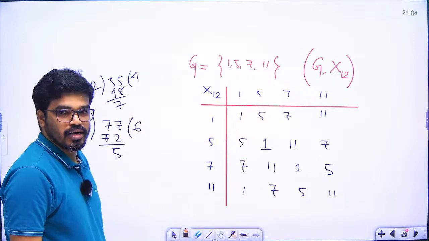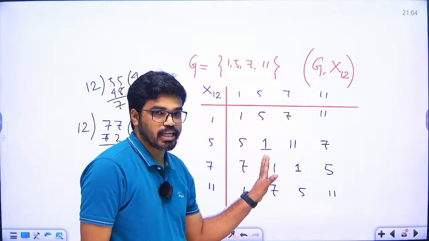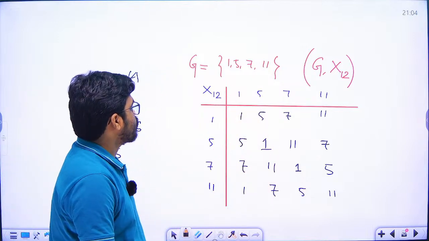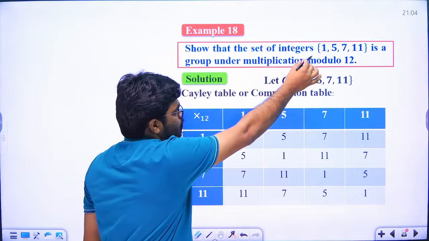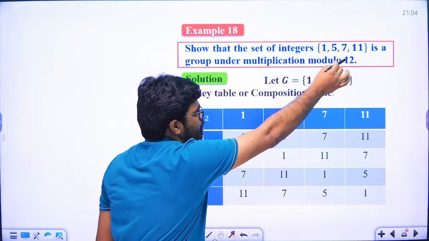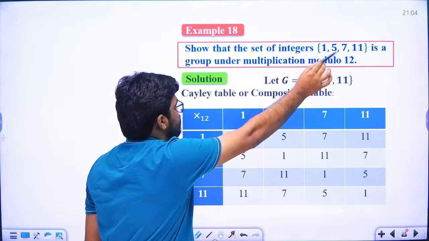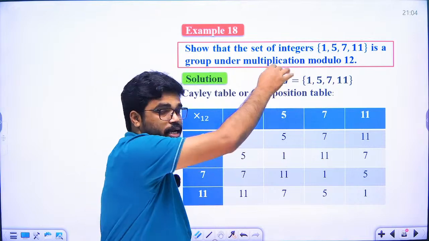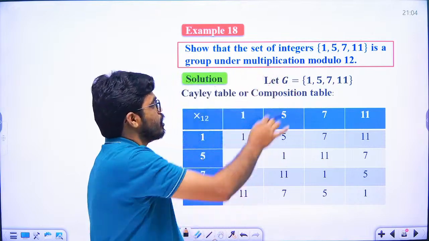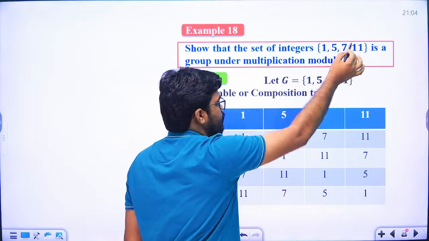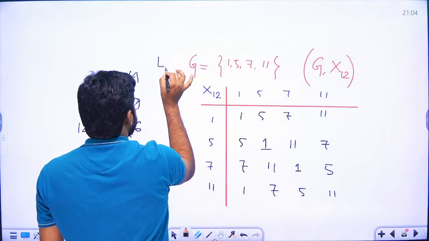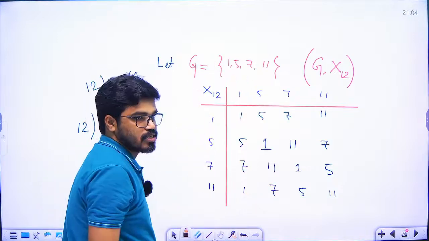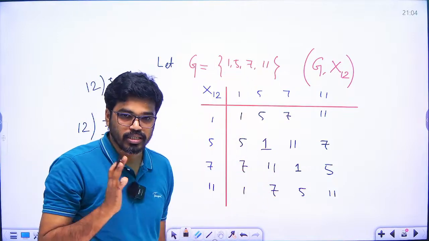Okay, so this is the composition table, right? We have to show that this set of integers 1, 5, 7, 11 is a group under multiplication modulo 12. Let this be G. We construct the composition table.